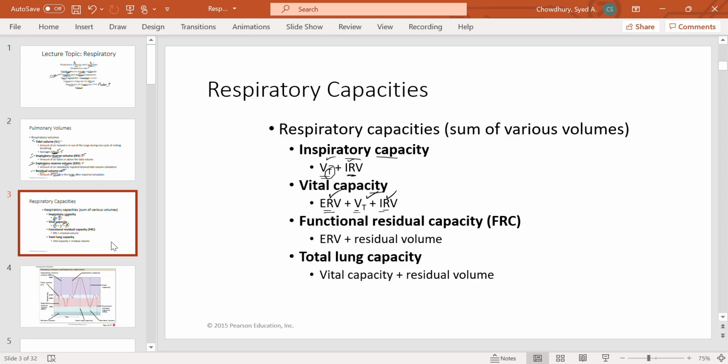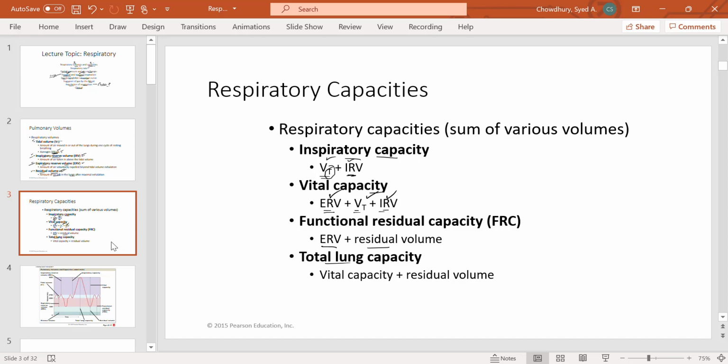Make sense? And the functional residual capacity is the volume we get by adding expiratory reserve volume and residual volume, by adding these two. And total lung capacity is the volume we get by adding all those four volumes.